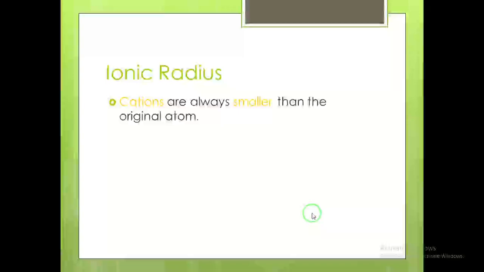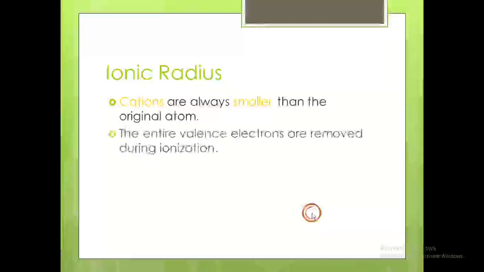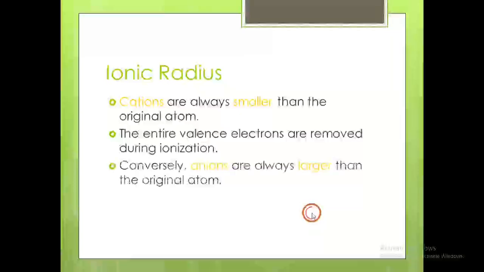So you can see cations, that means positive ions, are always smaller because they lose a whole complete shell. They are always smaller. But anions become larger because they gain extra electron without getting a proton. It becomes larger because the electrons are added to the outer shell without a proton to increase the charge.